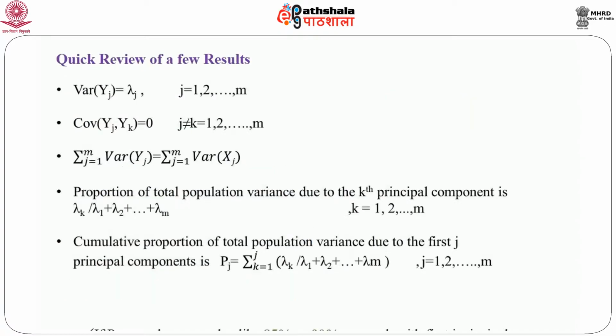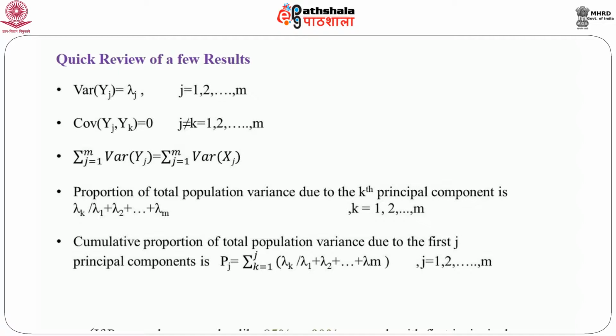So let us have a quick review of a few results on principal component analysis. The variance of the jth principal component yj is given by lambda j, where lambda j is the jth eigenvalue of the correlation matrix R, and j runs from 1 to m.